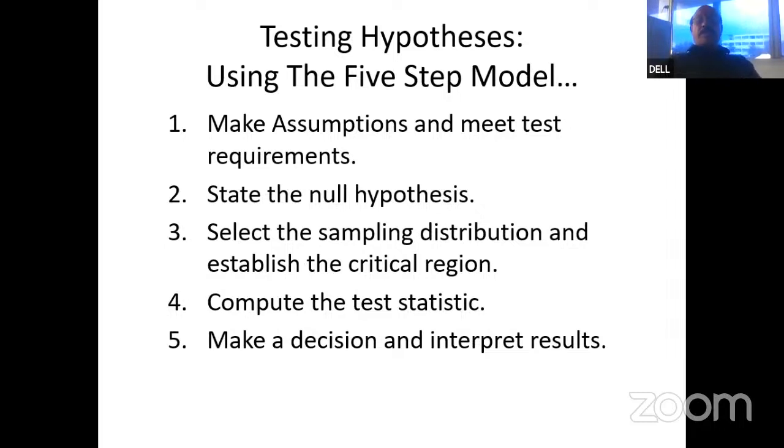Make assumptions and meet the test requirements. Assumptions in the sense of whatever population related characteristic you want to test in your experiment or research objective, whether that assumption is meeting the test requirements of the parametric test.